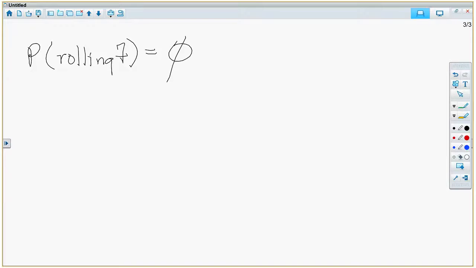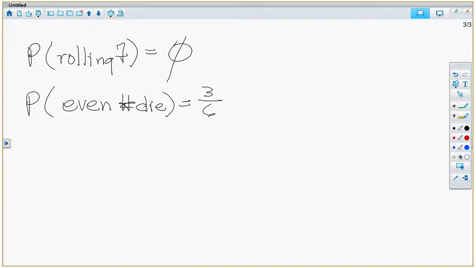The probability of an even number on a die. Well, that would be 3 out of what? 6. Okay. Again, you have to think.